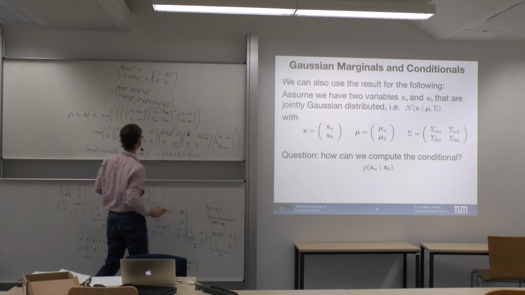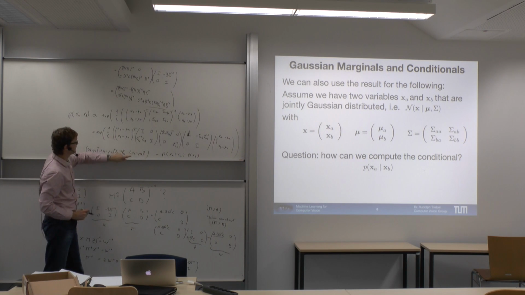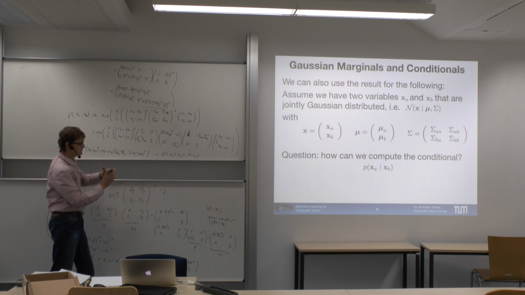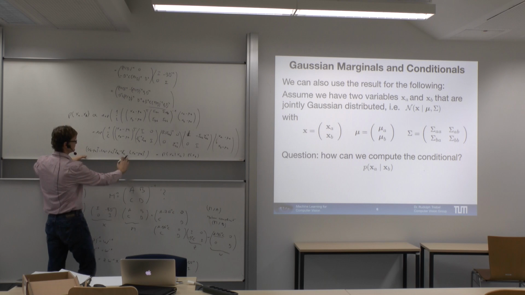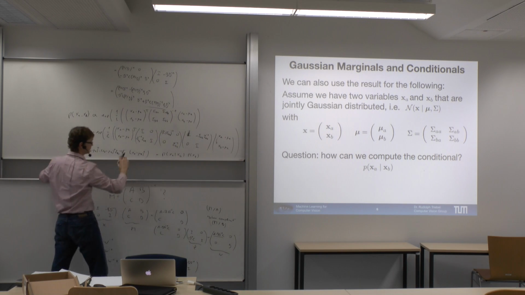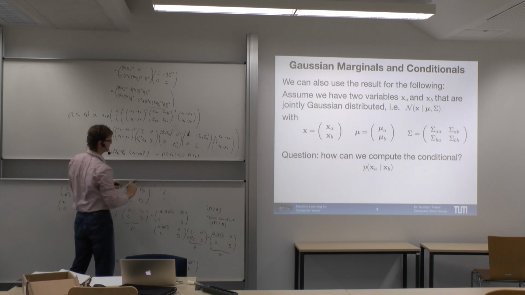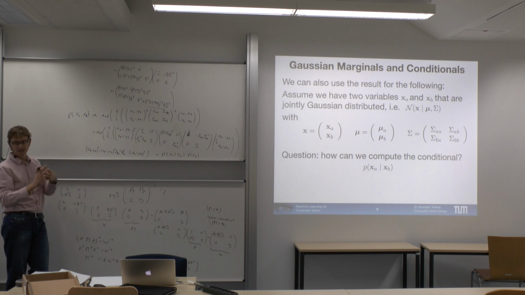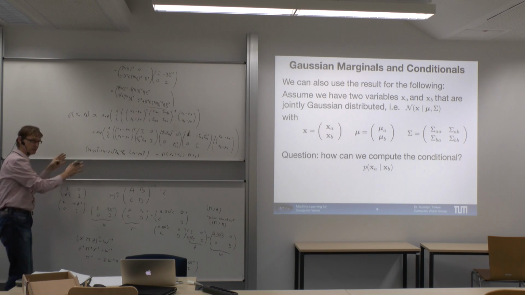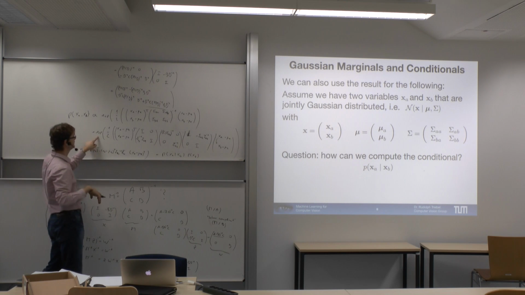This is the whole trick of it. Why is that? Because this part, where only b's appear, can be pulled out of the exponential. So you have this times the right part plus this times the right part. And because there's a plus sign in the exponential, we can pull this out and have the exponential of one times the exponential of the other. So the plus turns into a times.